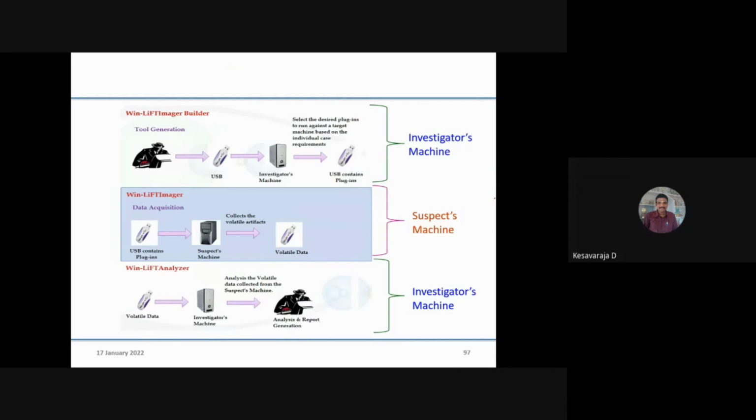The basic process of the WinLift software: you can collect a pen drive, CPU or hard disk, anything from the investigator machine. Then data acquisition: the USB contains the data. The USB is connected with the suspect's machine, and you can collect all the volatile data. If the data is available in RAM or anything, you can create the dump file, a .dd or .iso or .img.